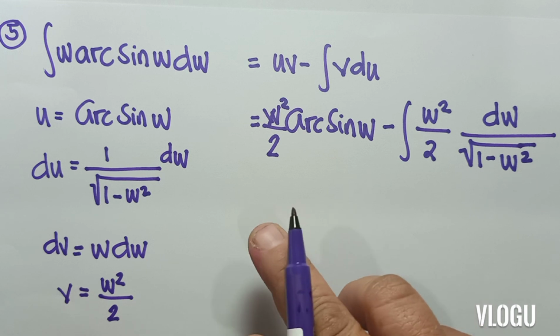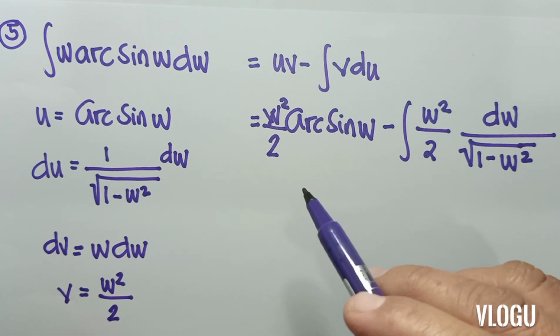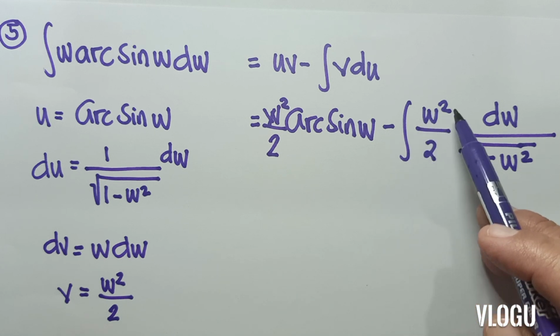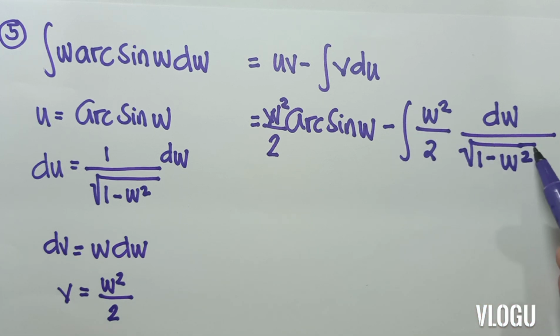Okay, as we continue, we stop here. We have w squared over 2 arc sine w minus the integral of w squared over 2 dw over the square root of 1 minus w squared.